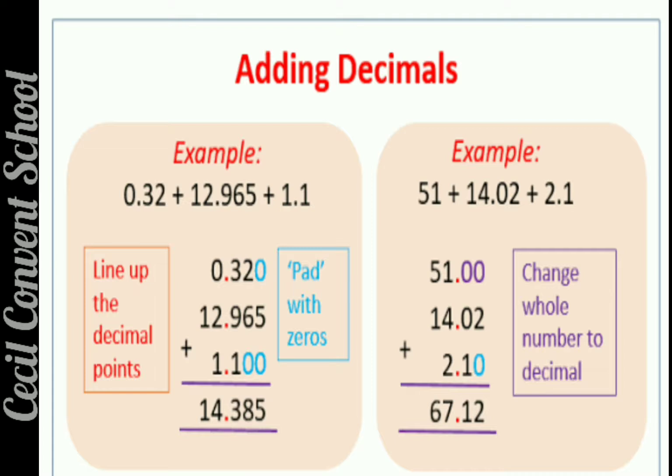Clear? Now this will become clearer when you understand this example. Firstly, you see here that in the first number I have put a 0 and in the last number also I put 0s.